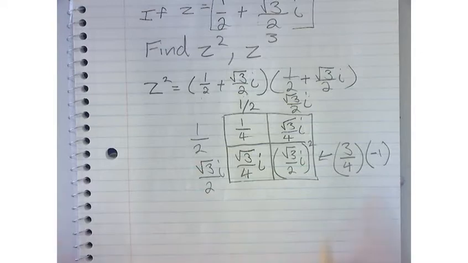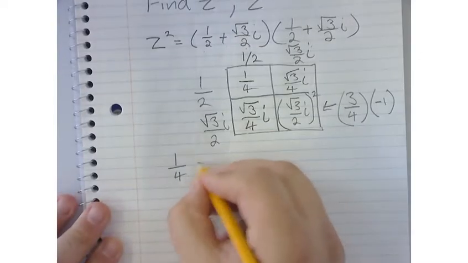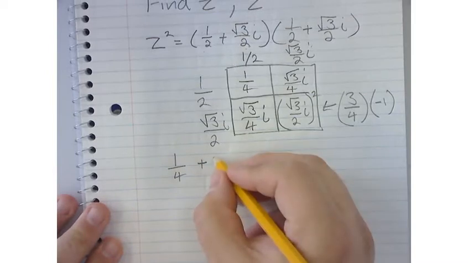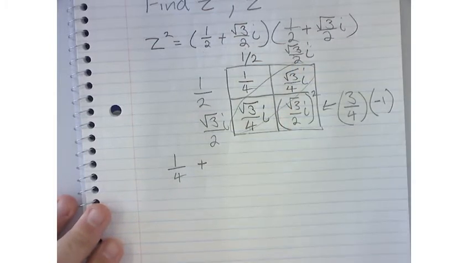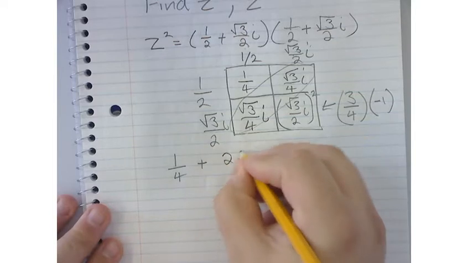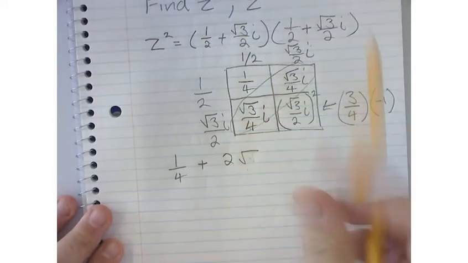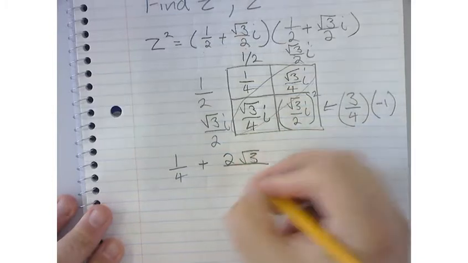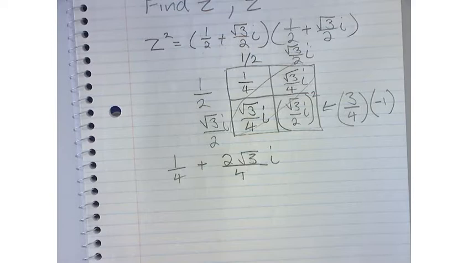Alright, so now let's write it out. I've got 1/4 plus, isn't that 2 of these? So couldn't I write that as 2 times the square root of 3 over 4i? And then what happens with my 2 over 4?